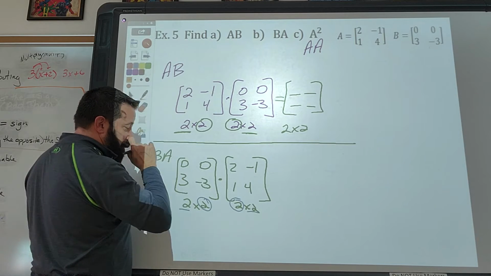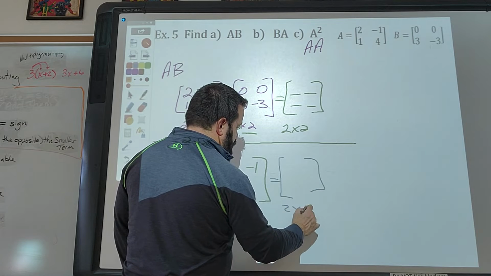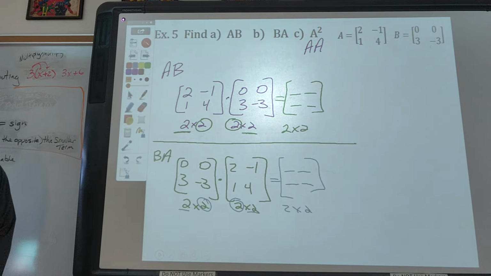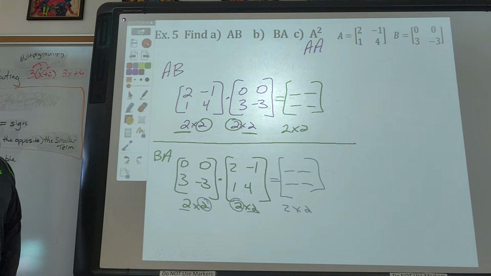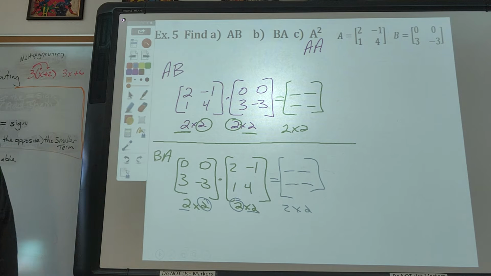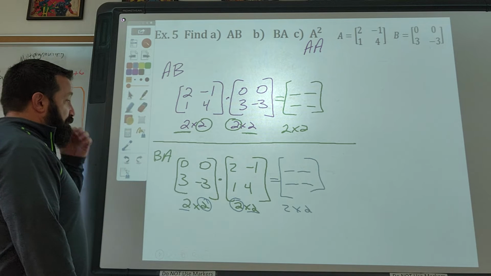The remaining dimensions are 2 by 2, so my answer is going to be a 2 by 2 as well. Now this is working out this way because these are both square matrices. They both have the same number of rows as columns. So when you have that, you could switch them around, and it's always going to be possible if you're multiplying 2 square matrices together that have the same dimensions.